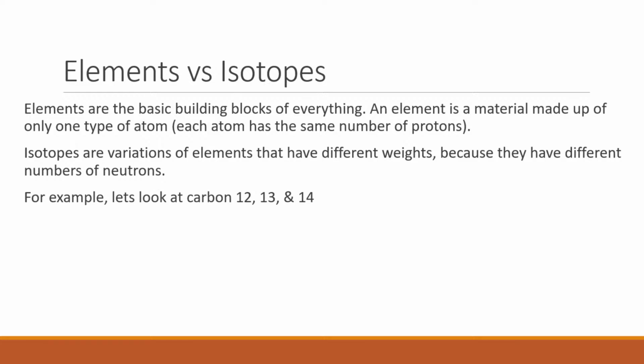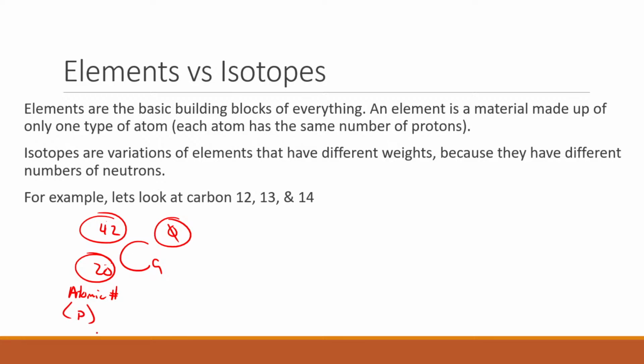Now, we spent some time in our last video looking at examples of elements. Right? We had all of our fancy numbers in our bottom left and upper right corners. We talked about how this number in the bottom left is the atomic number, and that's equal to the number of protons.